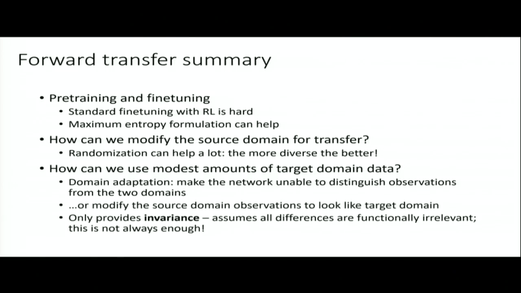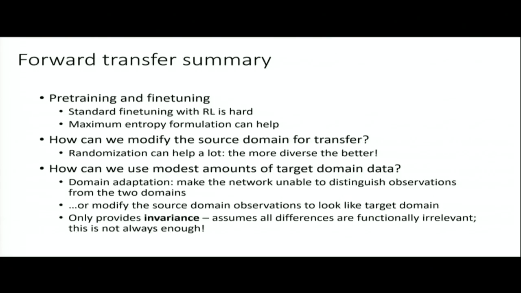Now, that said, these kind of domain adaptation techniques only provide invariance. So it basically assumes that anything that is different between the source and target domain is functionally irrelevant. Meaning that if there's some object or some kind of property in simulation that is not present in the real world or vice versa, you can simply ignore it and still succeed at the task. Now, clearly this is not the case in general, for the kind of tasks you might want to do.